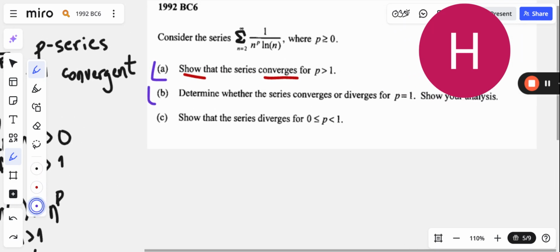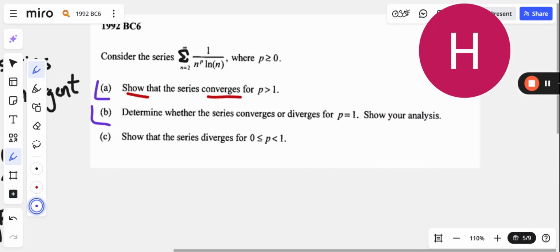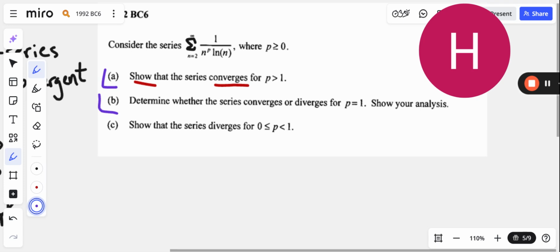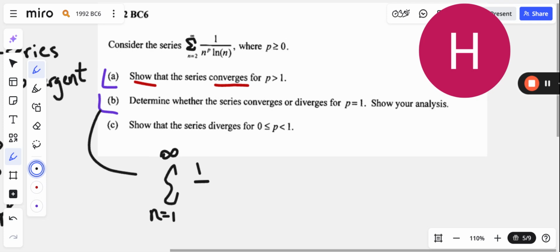Okay, part B. Determine whether the series converges or diverges for p equals 1. This one is pretty interesting because we know that the integral from 1 to infinity of 1 over x diverges.